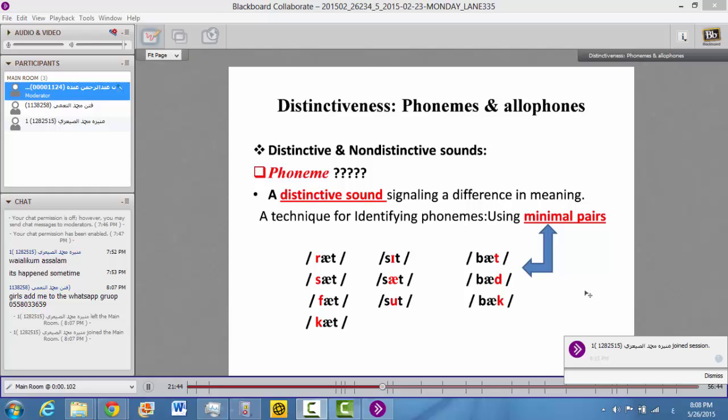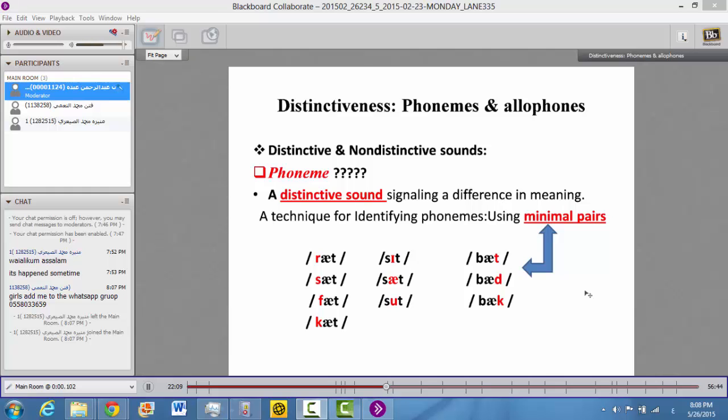So as long as you are changing the meaning, it means that you are using different phonemes. This could be the sound in the middle, like sit, sat, shoot. What makes the difference is the sound in the middle. Bat, bad, back: here the final sound is different, and the rest are the same.